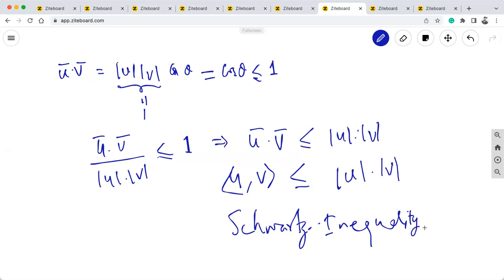This is an important inequality in quantum theory and linear algebra. There is another inequality.